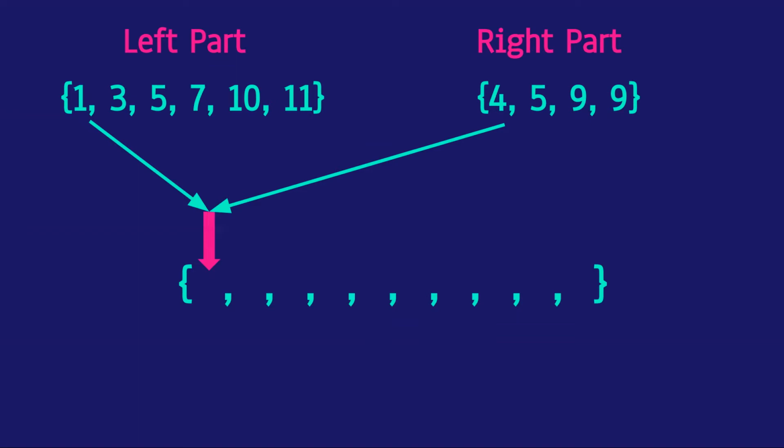I'm calling the left one the left part and the right one the right part. I know that they are of different sizes. They are not equal, and it doesn't matter. You'll see why. But right now, what we want to see is how the merge algorithm works. If you understand how merge works, you'll understand how merge sort works. Okay. So let's explore how we are doing merge.